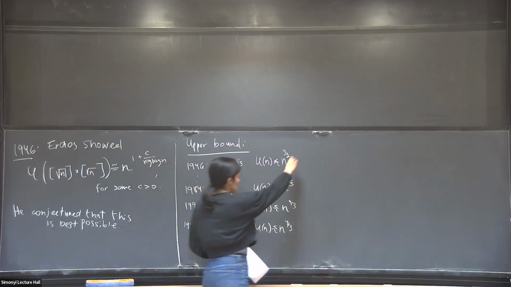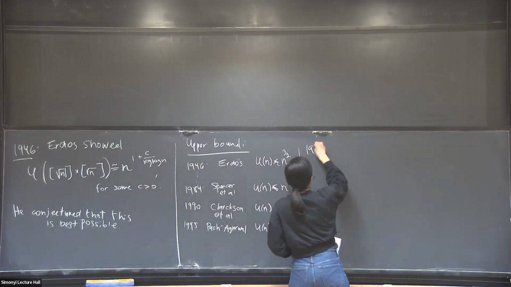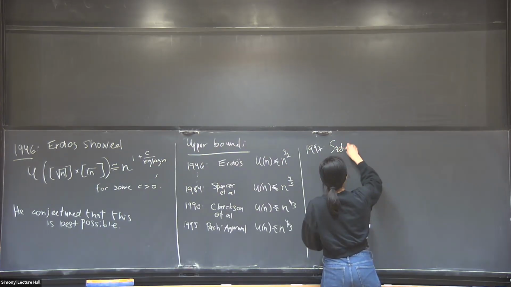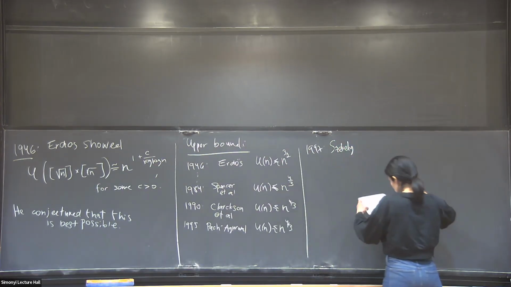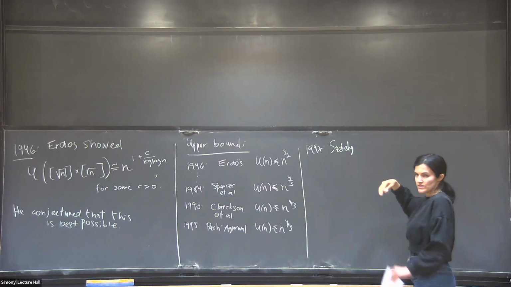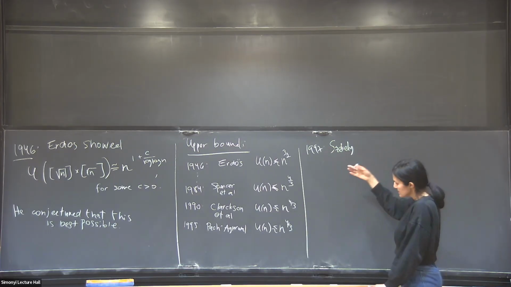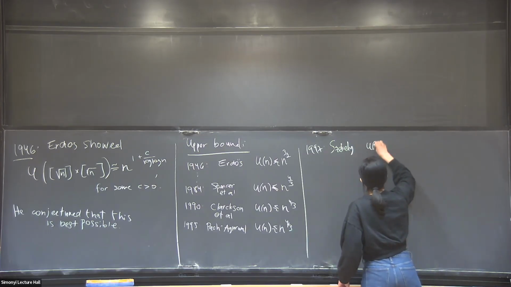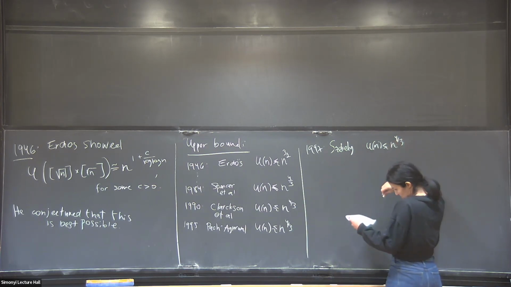Then in 1997, Székely introduced some new idea on using the crossing lemma to tackle incidence problems, and his technique applied to this problem yields the same bound, n to the power 4/3.